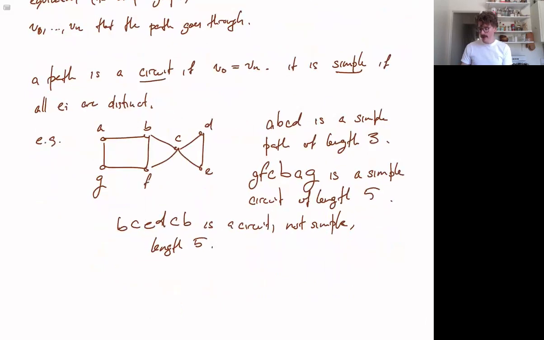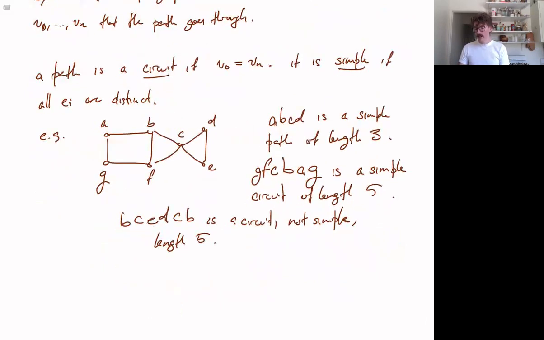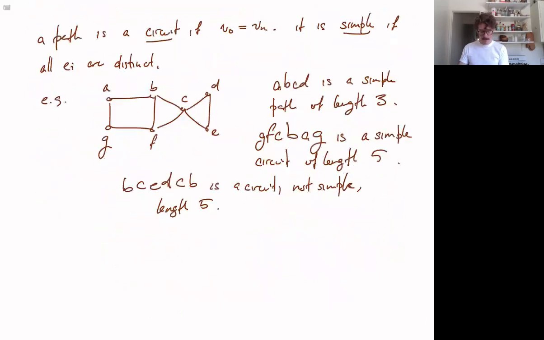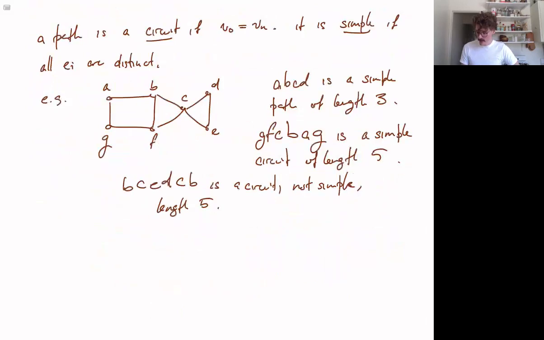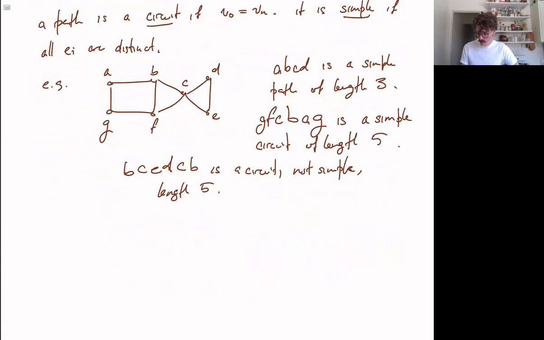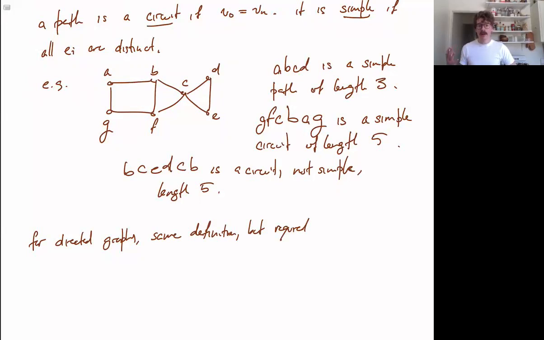So this is what paths mean in undirected graphs. For directed graphs, we can make essentially the same definition. But of course, now that our edges have directions, our paths are required to follow the directions of the edges.